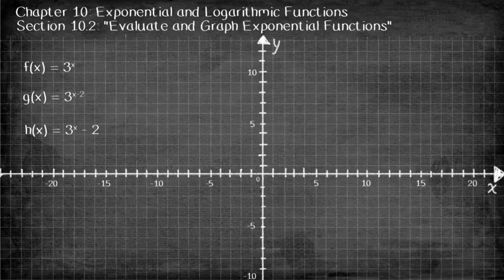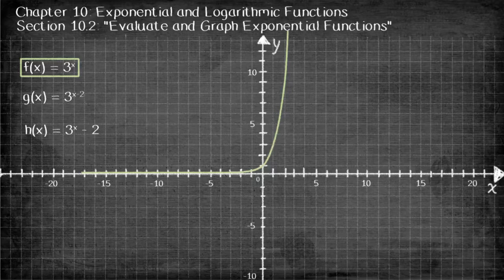All right, so we can transform exponential functions in the same way that we can transform quadratic ones. This is very similar to what we went over in section 9.7, talking about the transformations. They work pretty much the same way. So here we have f of x in green there, 3 to the x, the normal version. And then we have g of x, which is 3 to the x minus 2.